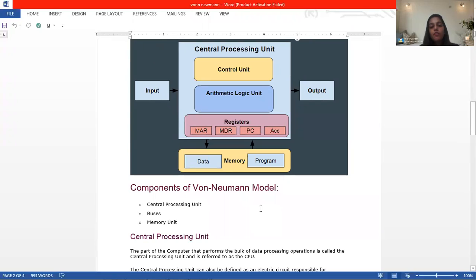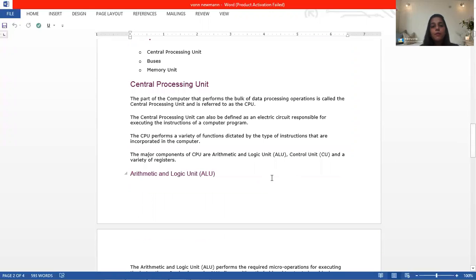So the components of the Von Neumann model are the central processing unit, CPU, buses, and memory. So let's discuss. The CPU is the major part of our computer system, as we all know, the brain of computers, right? The CPU is also defined as an electric circuit responsible for executing the instructions of a computer program.